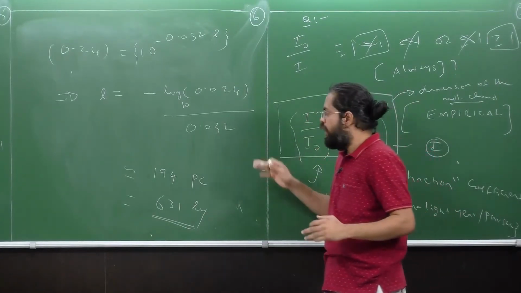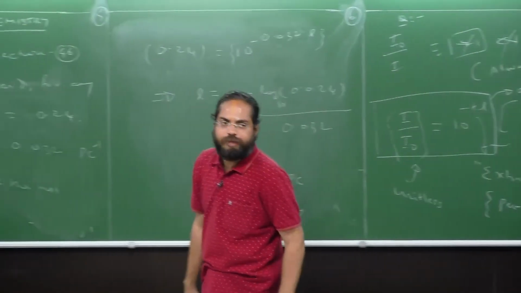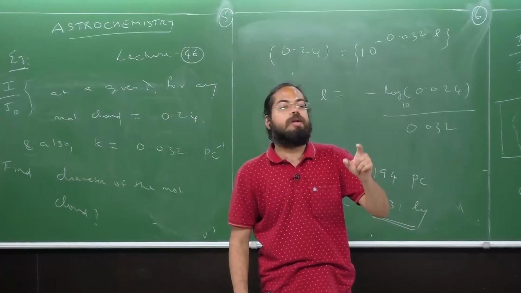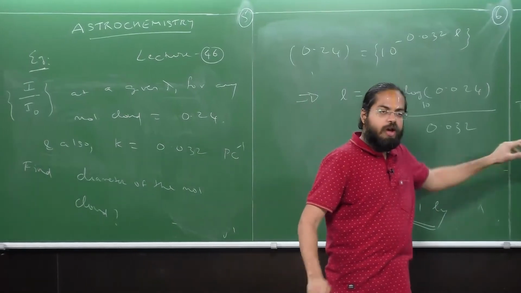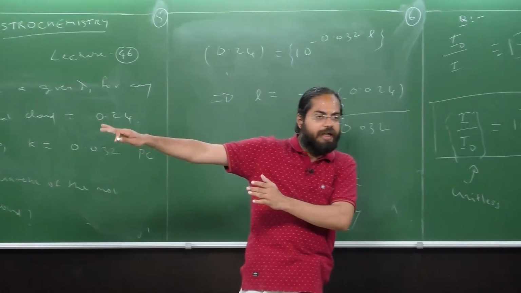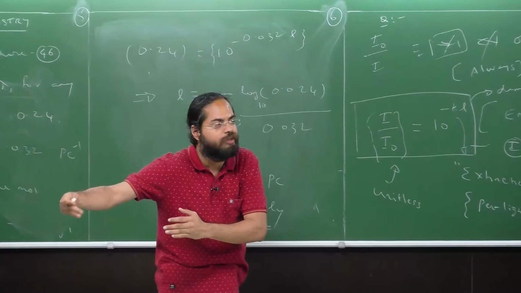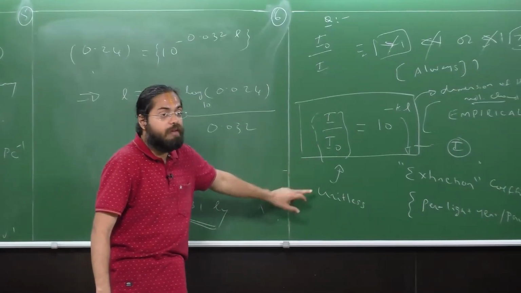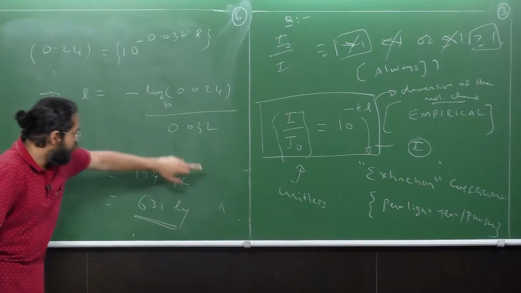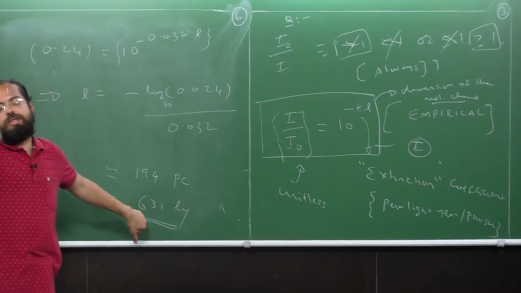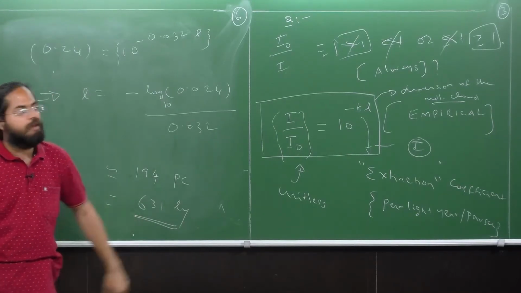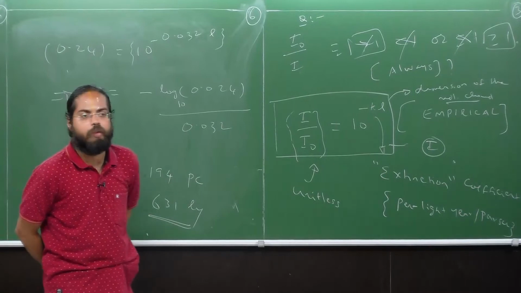So therefore, so far in this lecture, I was just telling you the power of empirical measurements, along with all the theoretical ideas and the theory-based hypotheses. Empirical ideas can also be very powerful in determining some seemingly unobtainable quantities, such as the dimensions or length of a molecular cloud.